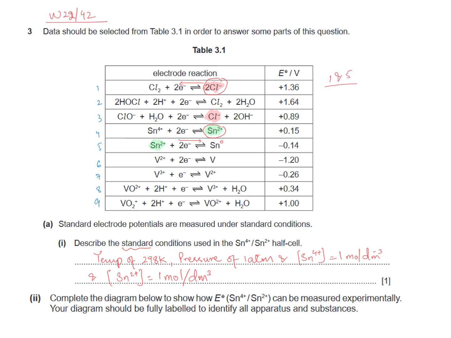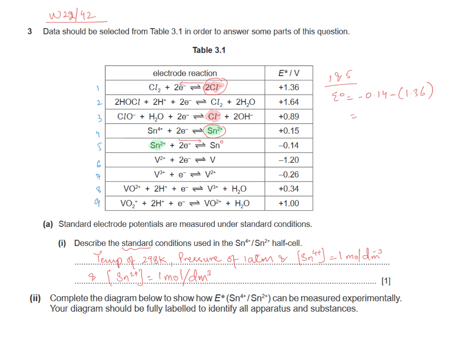If I check 1 and 5, this is 1, the E naught which goes right, and the E naught which goes left. So E naught equals the one which goes right, minus 0.14, minus 1.36, and the E naught value is going to come out negative.